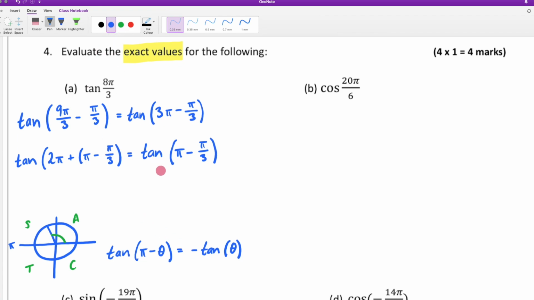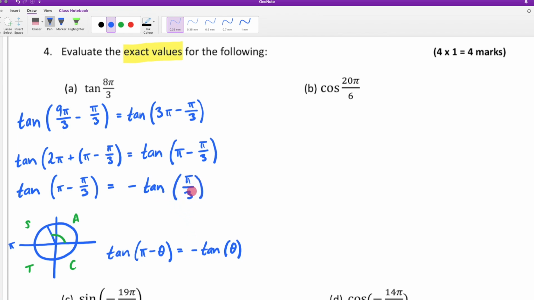So that means I could rewrite tan of pi minus pi over 3 as simply negative tan of pi over 3. Now you just need to know what tan of pi over 3 is.